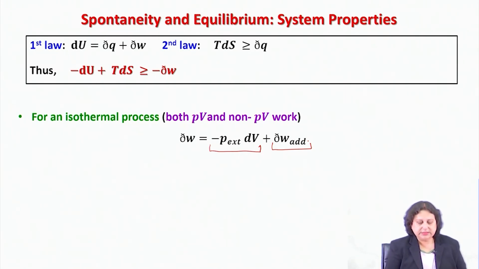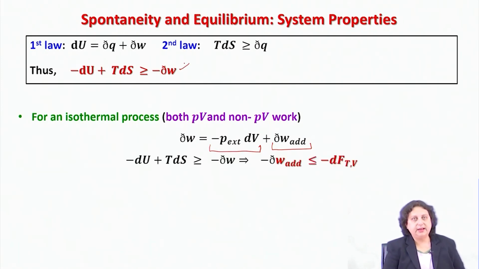Now, if I use this relationship once again in combination with this equation, what can I write? I can write that minus dU plus TdS is now going to be greater than or equal to minus dW. So what I am going to do is write dW as the sum of these two terms.